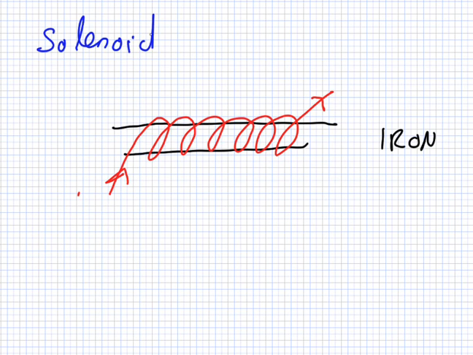Solenoid, okay. When you have a current wrapped around a piece of iron, you can actually make a magnetic field. Sometimes in the exam they ask you to draw this. So let me draw the magnetic field that you make in blue.